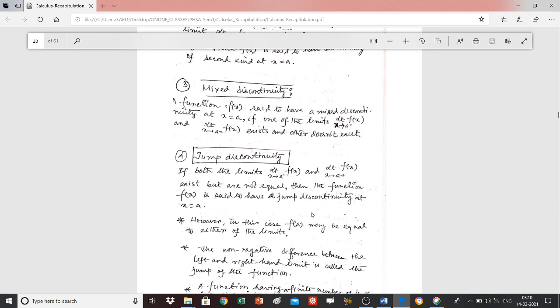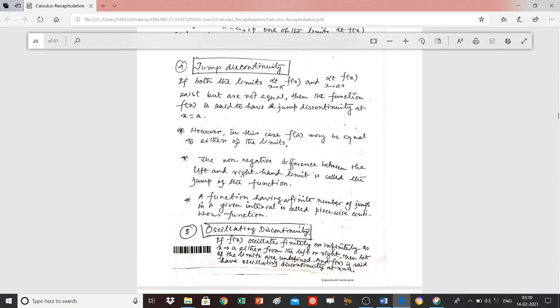So you have given a function f(x), and you check whether it is continuous or not. For that you have to find the value of the left hand limit and the right hand limit. If any one of them exists but the other does not, or vice versa, then the function f(x) is said to have mixed discontinuity.